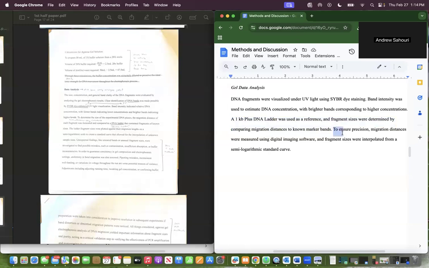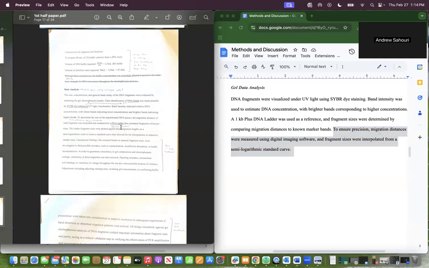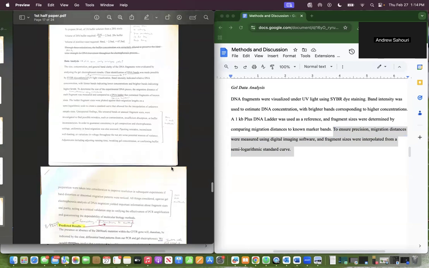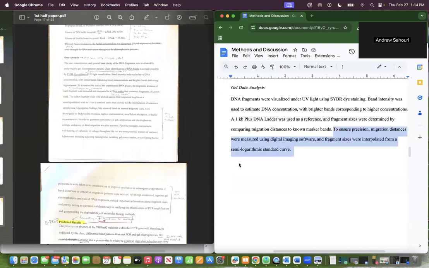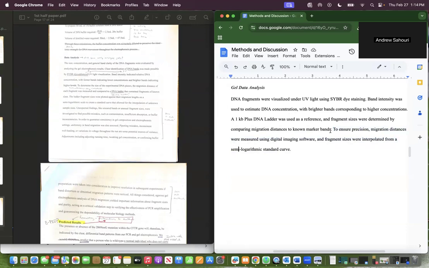And then to ensure precision, migration distances were measured using digital imaging software. So I added that. And a lot of this was just not methods, so I deleted all of it and just said this is how we analyzed our data: migration distances were measured using digital imaging software.